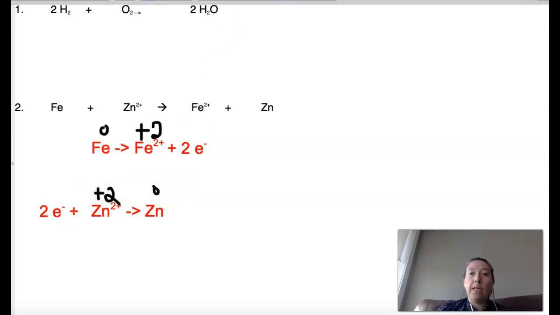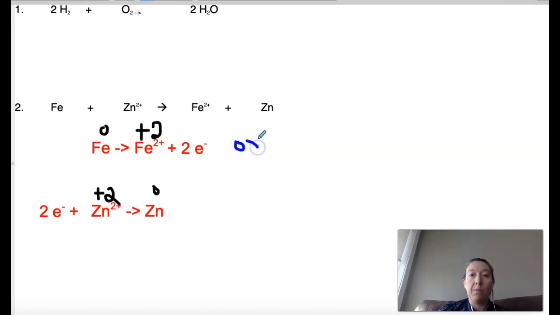So next thing I need to do is recognize which one is oxidation and which one is reduction. And I do that by looking at where the electrons are, right? So here, they're over on the product side. That means we lost electrons. Loss of electrons is defined as oxidation.